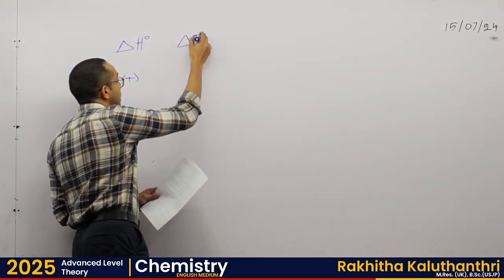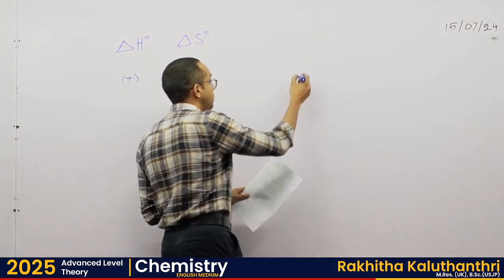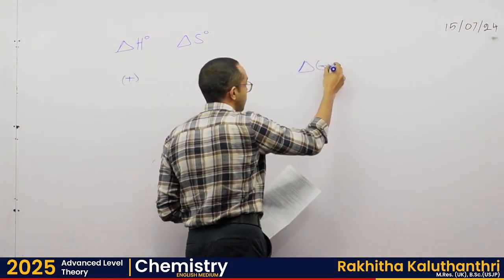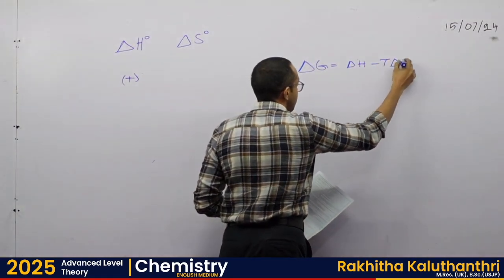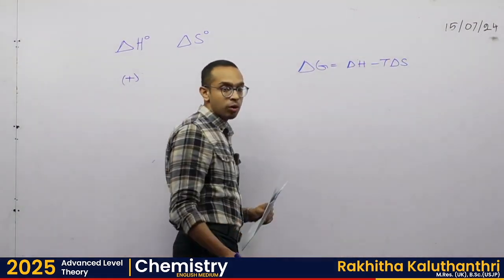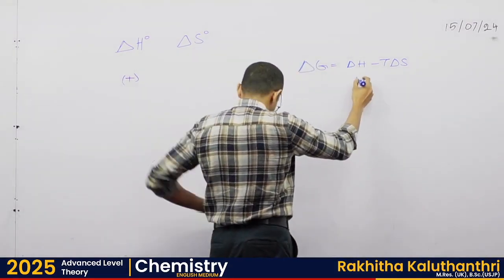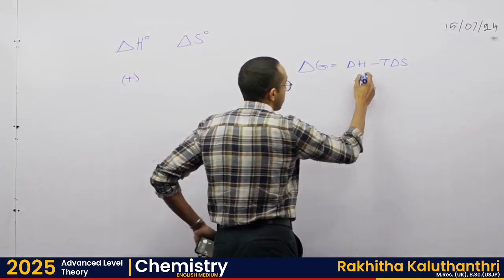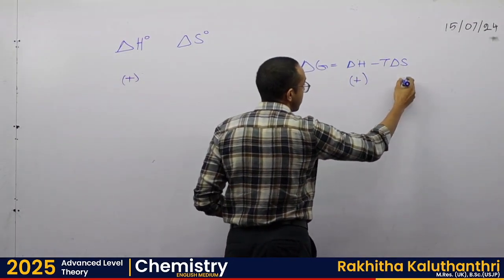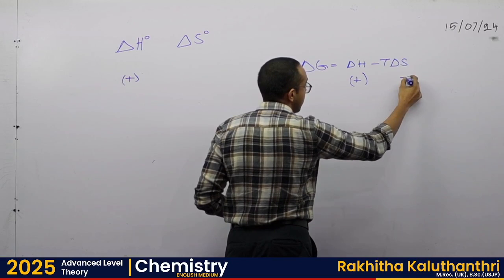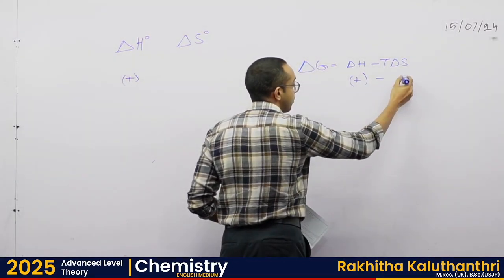So delta S, right? Now the answer to that is this: delta G equals delta H minus T delta S. Now if delta H is already a positive value and delta S happens to be a negative value, then negative will become what?